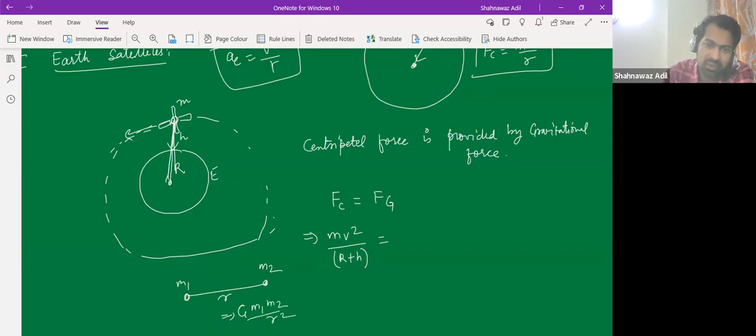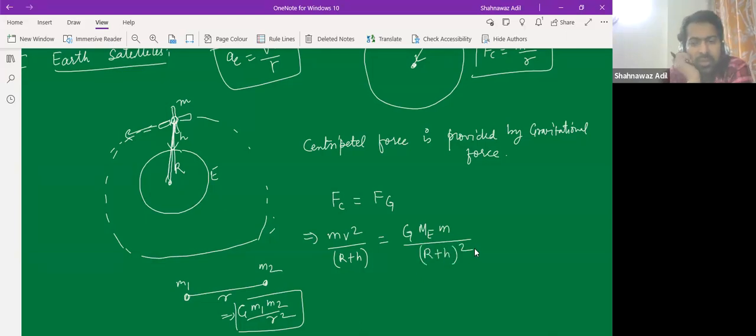This is the gravitational force, right? So G M E M divided by the separation squared, this is the separation, right?